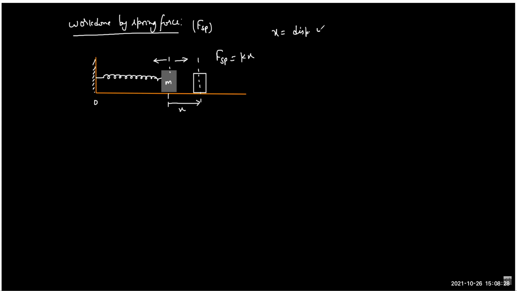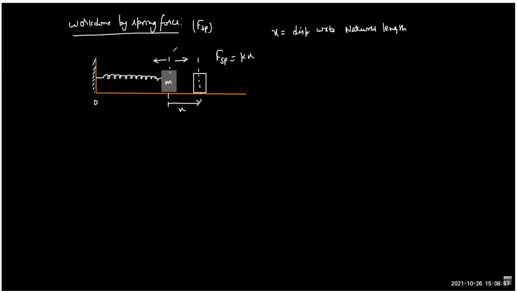Displacement, not mean, with respect to natural length. So a spring force is this much. And direction is what? So it is the natural tendency of a spring force to go back to the natural length.